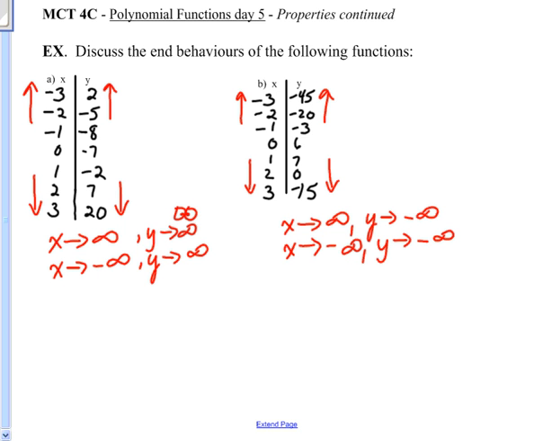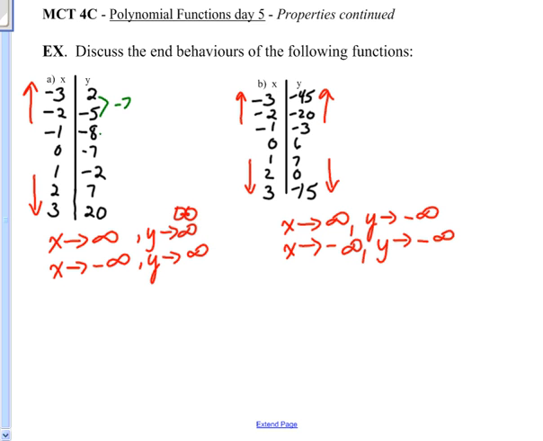Let's look at the degrees of these functions and see if what we have observed makes sense. If we go back to grade 9, we did a lot of first and second differences to look at tables of values. I'm going to look at my first differences. So we would do negative 5 take away 2, negative 7.